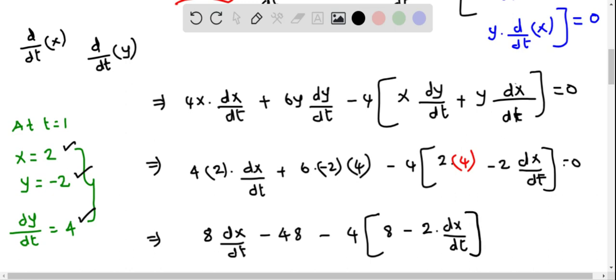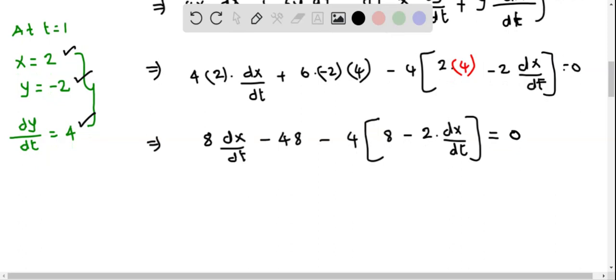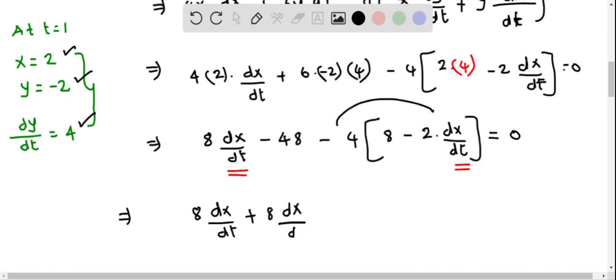Now this equation involves all numbers and only one unknown, which is dx over dt. We have dx over dt over here as well as over here, so we can collect only dx over dt on one side. We have 8 dx over dt, and when I distribute this -4 with -2, I get positive 8 dx over dt.